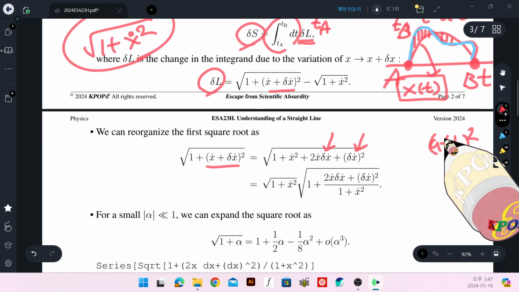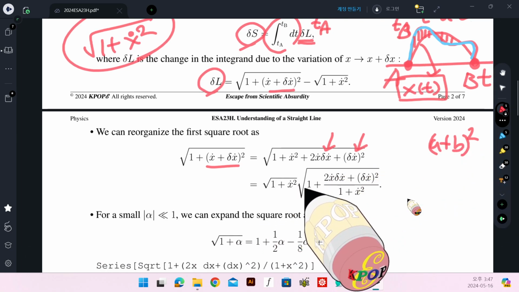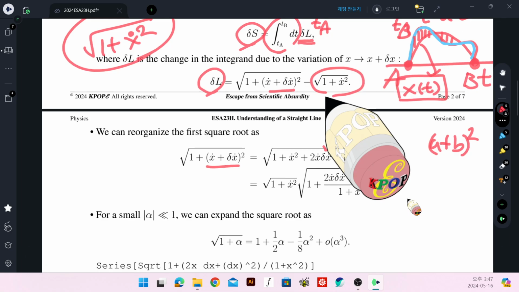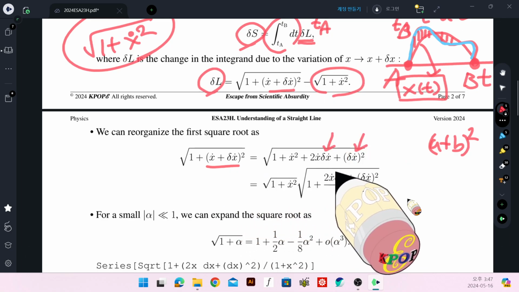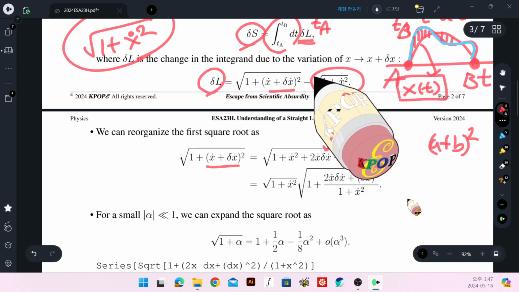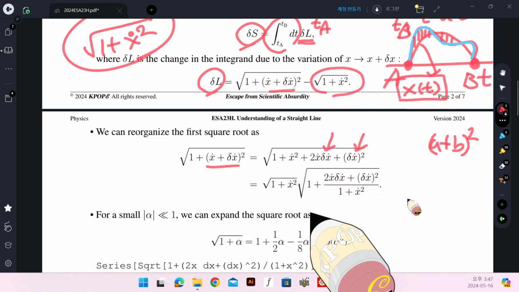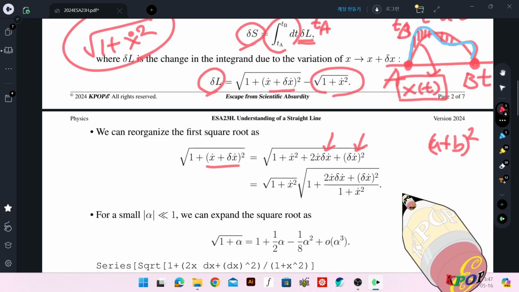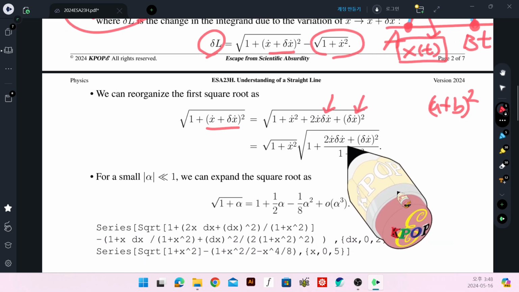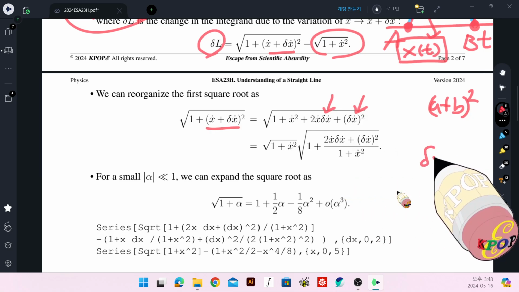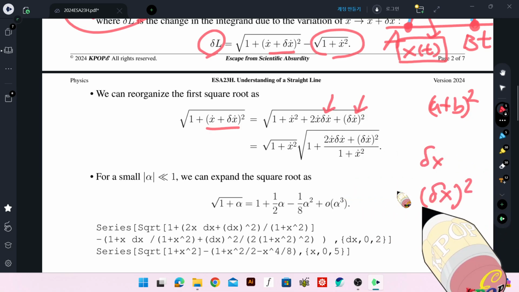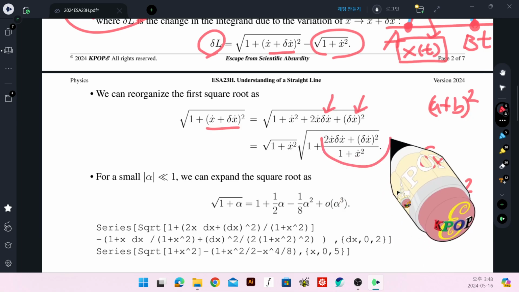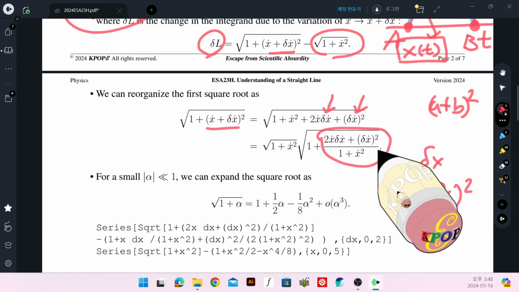Then this is the original value. So we had better pull out the original value for the square root, and then the expansion is a little bit simpler. Even if we have both delta x dot and delta x dot squared, which is smaller than this, we can assume the whole thing is a tiny value.